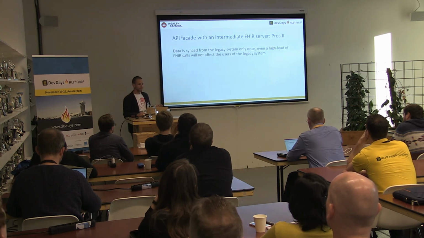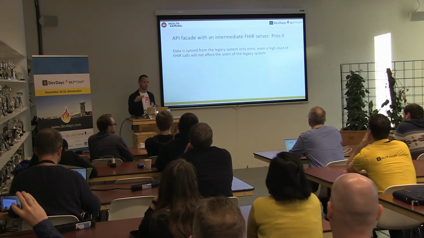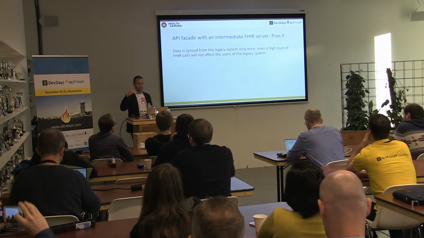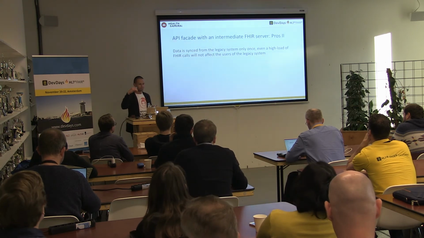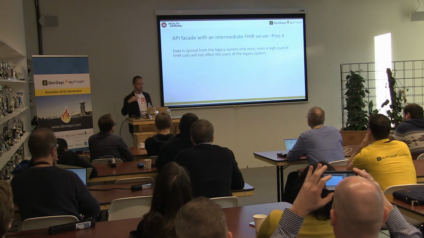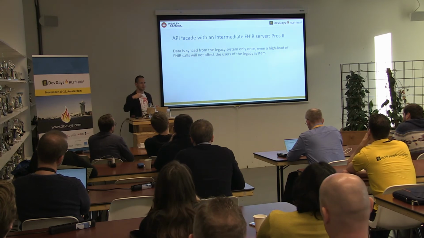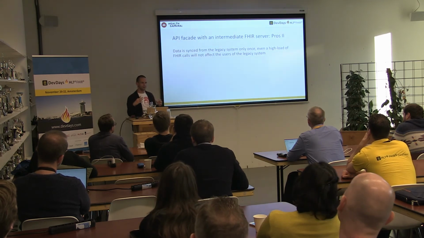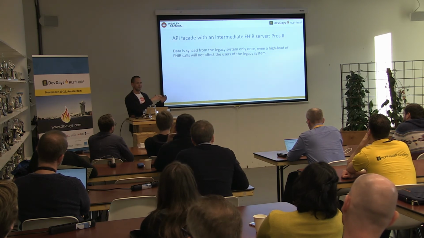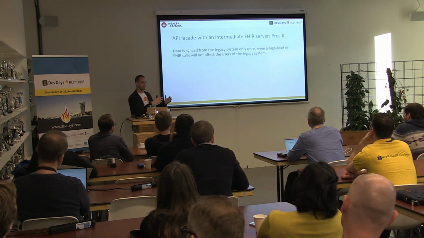The second advantage of this approach: if you add a FHIR facade to a legacy system, sometimes you might see a situation when the applications that use this FHIR facade put a pretty high load, a very intensive set of requests towards your API, and sometimes we see that users of legacy systems start suffering because it might affect the functioning of the legacy system itself.